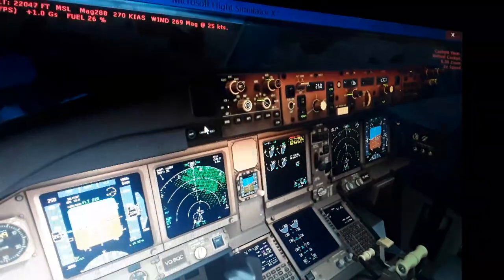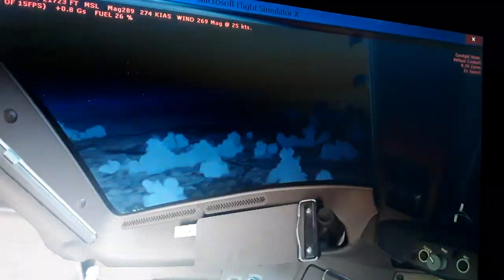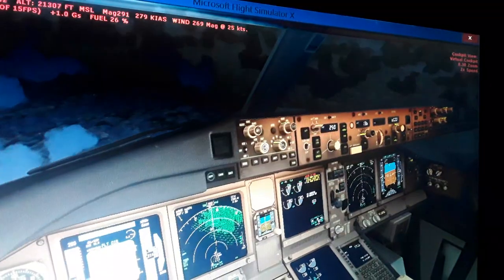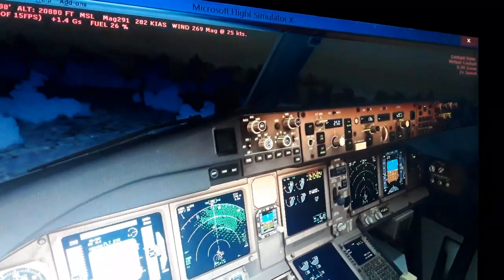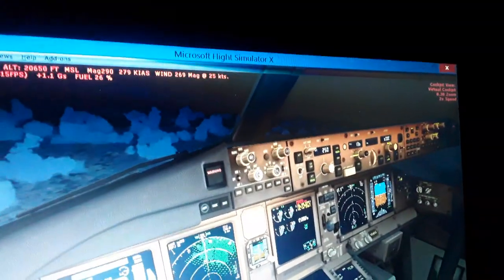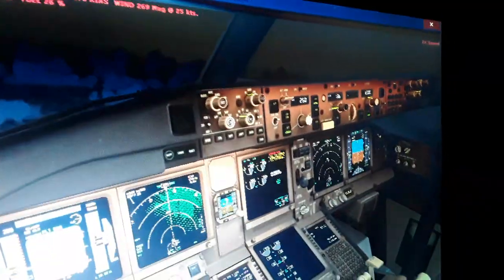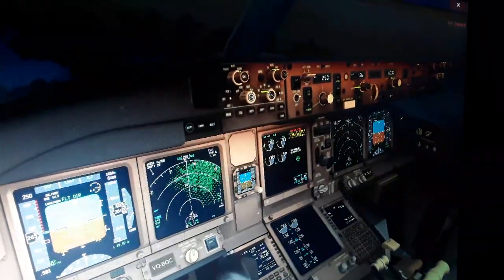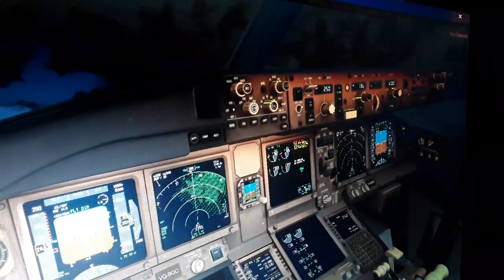Use the landing gear also, to slow us down a little bit. So we have like 5 more minutes left for this flight.